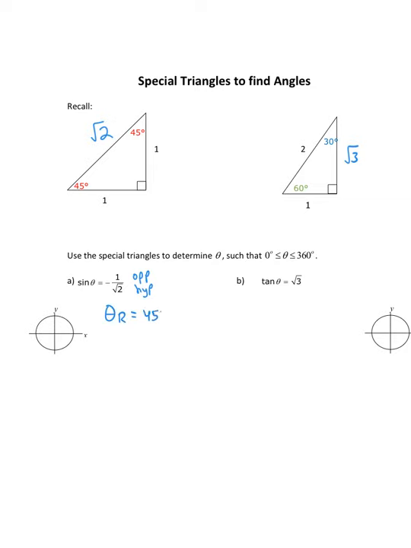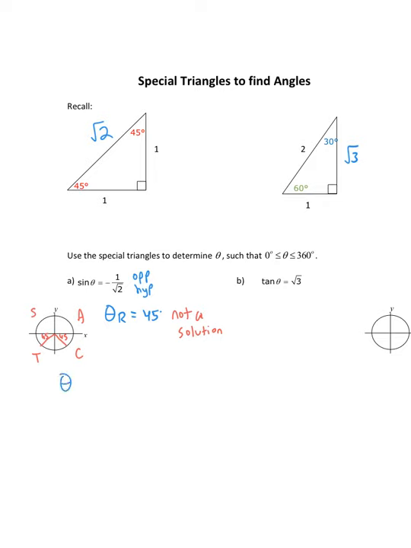So now we will use the reference angle to find all of our solutions. I'm going to use cast, and the sine ratio is negative. So I'm going to identify where my solutions lie. It's in the third quadrant and the fourth quadrant. So that means this reference angle of 45 degrees is not a solution, but it will help me find my solutions because these reference angles are 45 degrees.